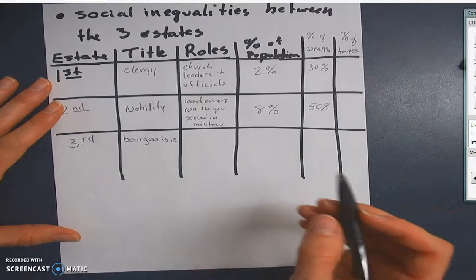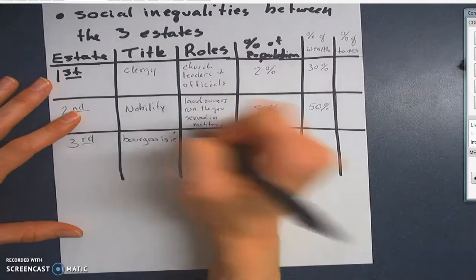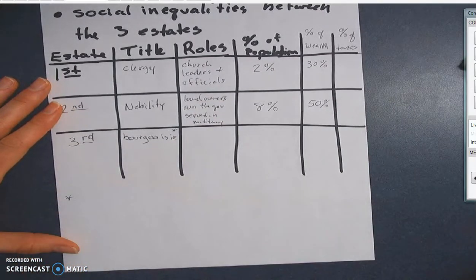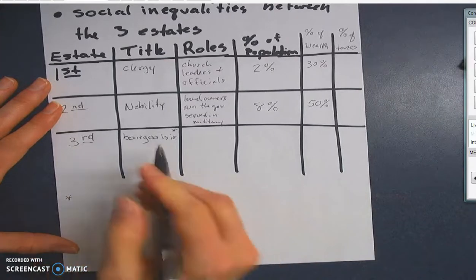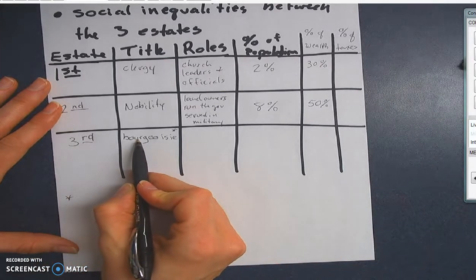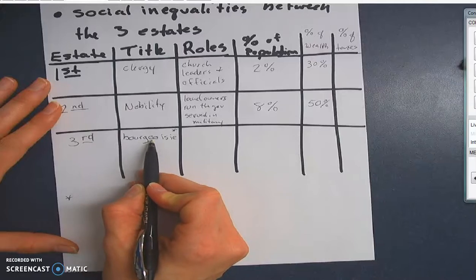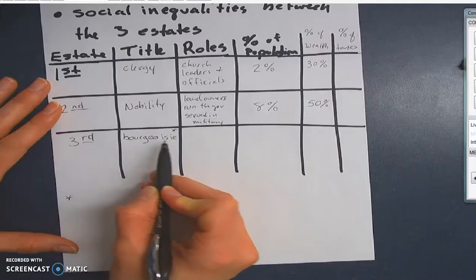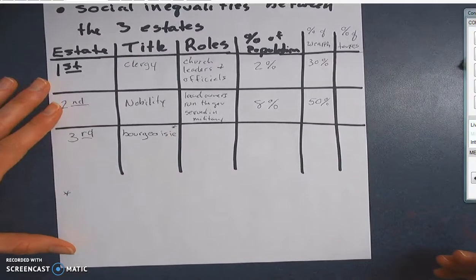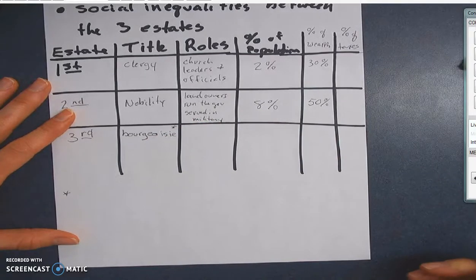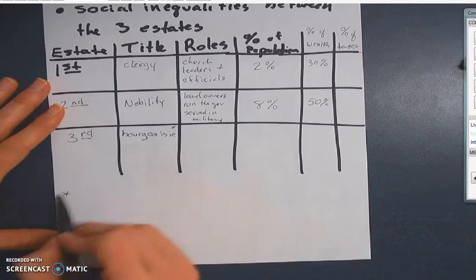I'm going to put a little star right here, so right down here we can just add that the bourgeoisie, B-O-U-R-G-E-O-I-S-I-E. Thank goodness this one isn't on one of our vocab tests, huh? All right, so a little asterisk down here.